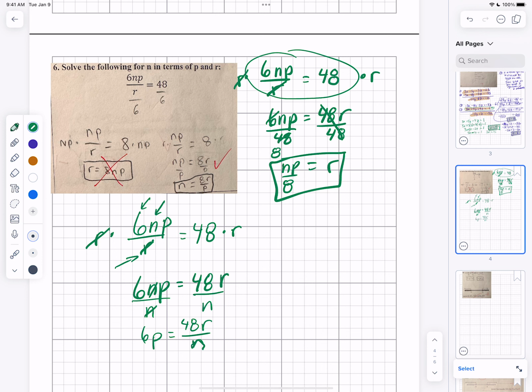And now I just need to get rid of the 6. So I'm going to multiply both sides by 1/6. 6 cancels with 6, and I get p equals, and on this side, the 6 cancels with the 48, and I get 8. So I get 8r over n.